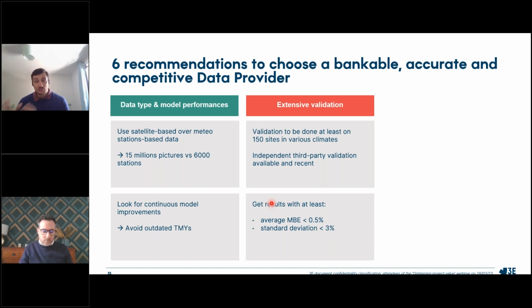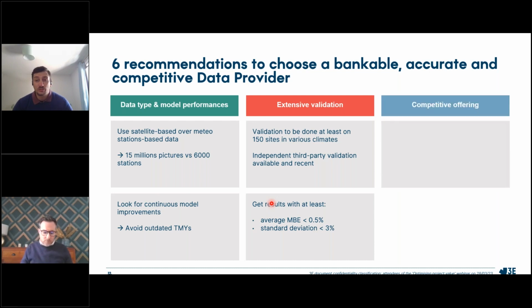We know that some sites will have higher standard deviation and higher mean bias error because they are in specific climates, but it's just to give you an order of magnitude. If you have a standard deviation lower than 3% on these 150 sites as an average, it means that you have a very good and consistent database as a provider.